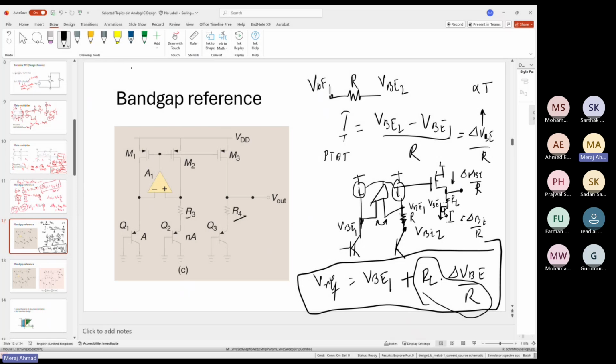So your delta Vref by delta T will be delta VBE1 by delta T plus RL by R times delta VBE by delta T. So if you know the temperature coefficient of VBE and delta VBE, you just need to select a ratio. And if you match this slope, you will get not an exact constant because there are some non-idealities, but this is the first iteration you can achieve.